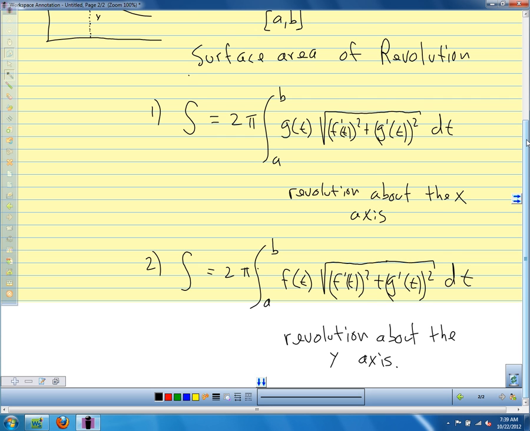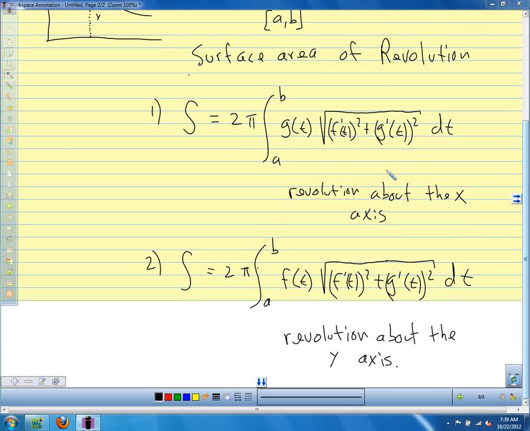So often what we do with these is, if we think of this radical, the square root of f prime squared plus g prime squared dt, as our little increment of arc length, and we call that ds, and we call this g of t or f of t our radius of revolution, we often write this in shorthand.